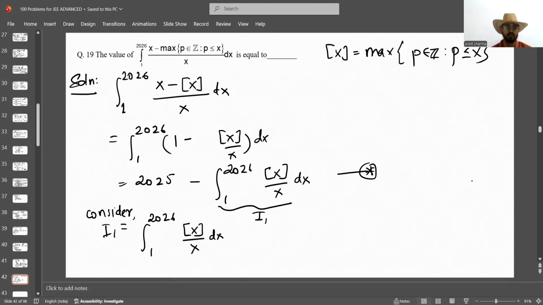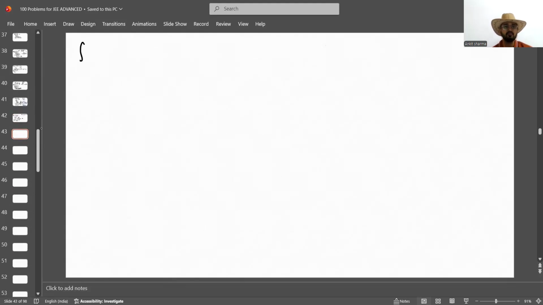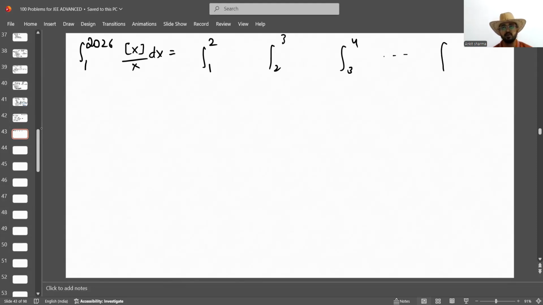So since the limits are 1 to 2026, I now have to partition. So integral 1 to 2026 GIF of x over x dx will now be written as integral 1 to 2, and then 2 to 3, then 3 to 4, and so on up to 2025 to 2026.